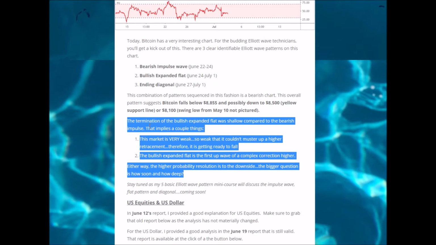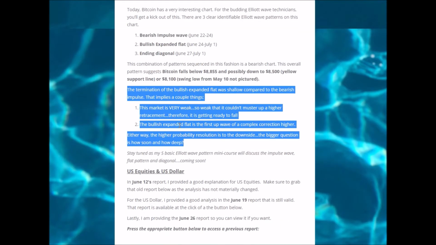So one thing that I note on this is that the termination of that bullish expanded flat was shallow compared to the bearish impulse. So this implies a couple of things: that either A, the market's very weak and so weak that it couldn't muster up a higher retracement and therefore it's getting ready to fall and fall hard, or that a bullish expanded flat is the first up wave of a complex correction higher.